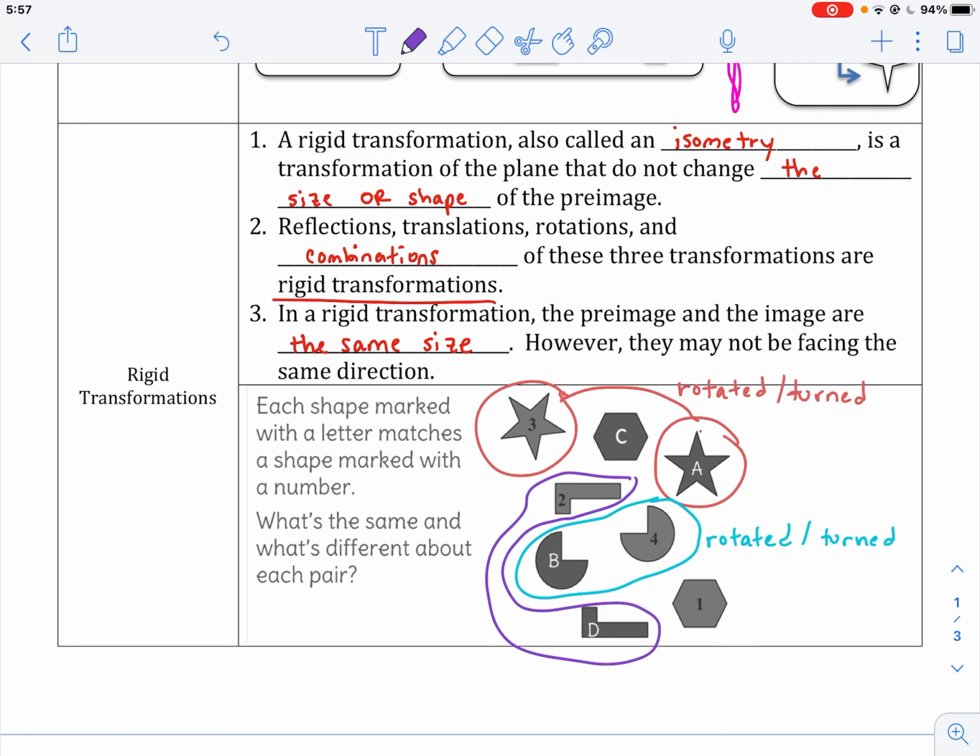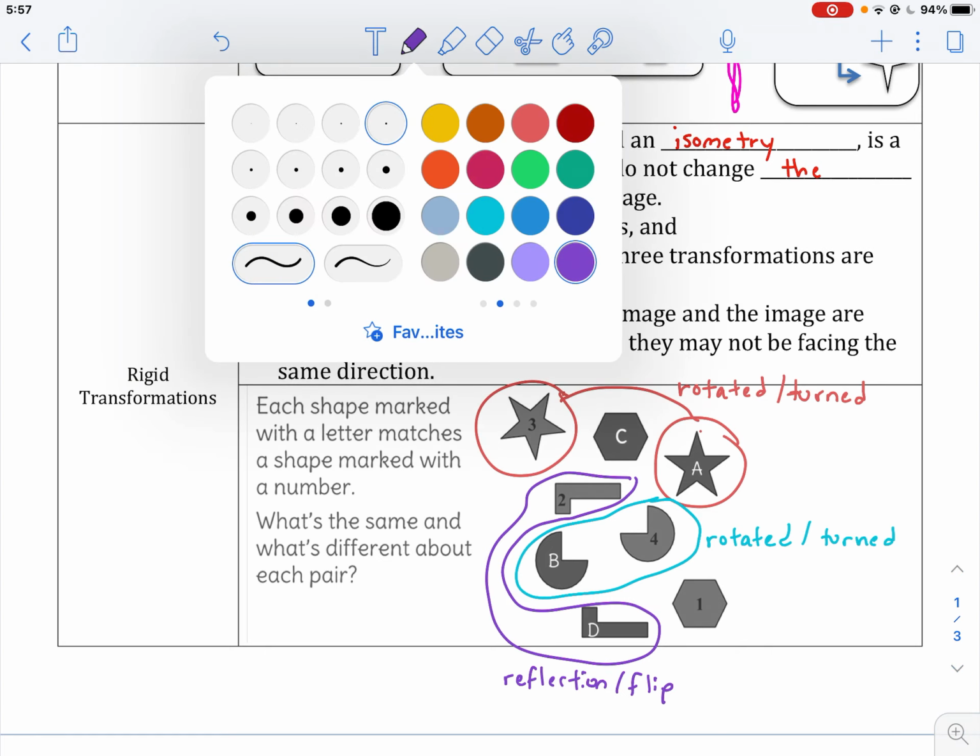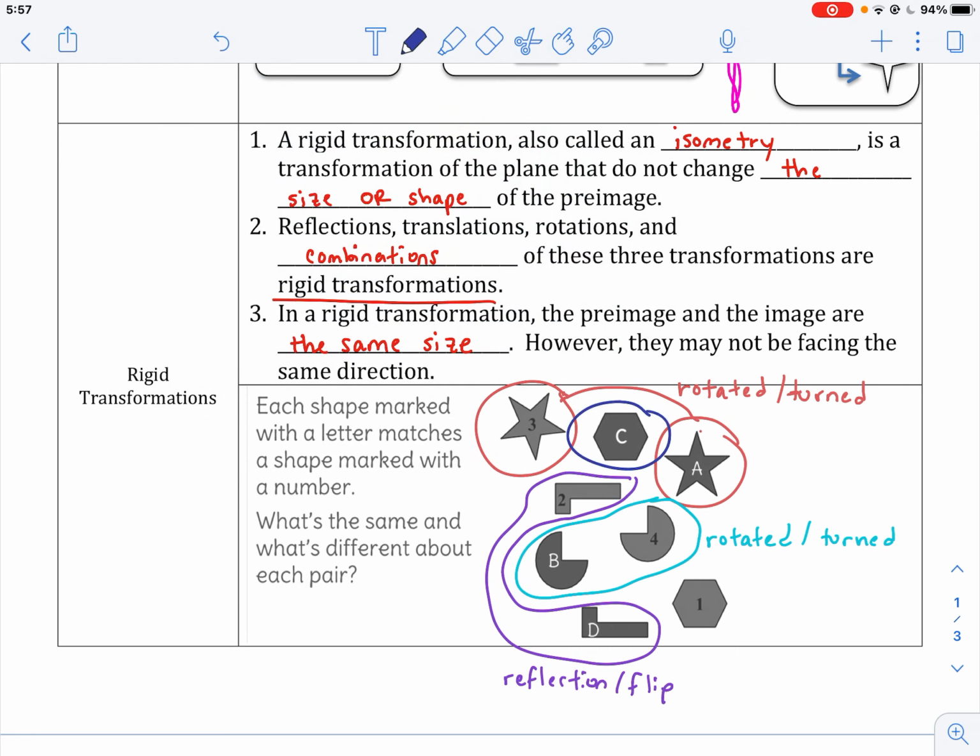So we can see that a reflection or a flip has happened here. And then C and 1, they are in the same direction. They're the same size, they're the same shape, they're just not in the same location. So we can see that a translation, aka a slide, has taken place.